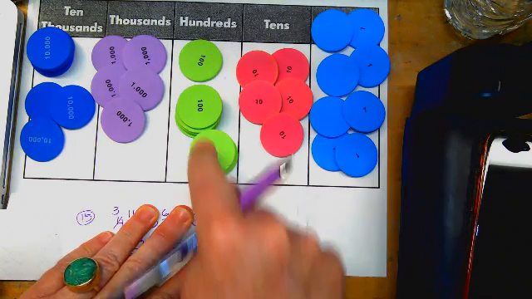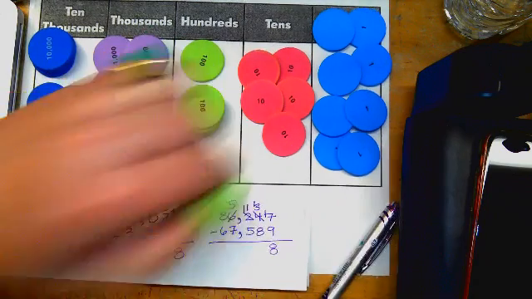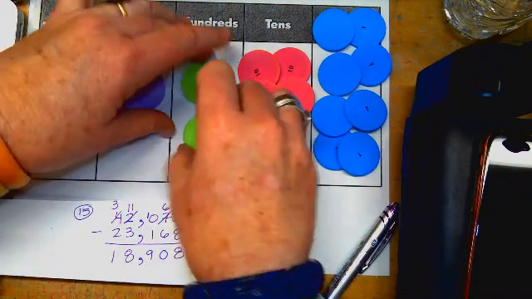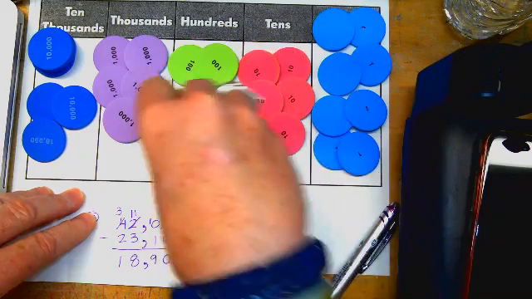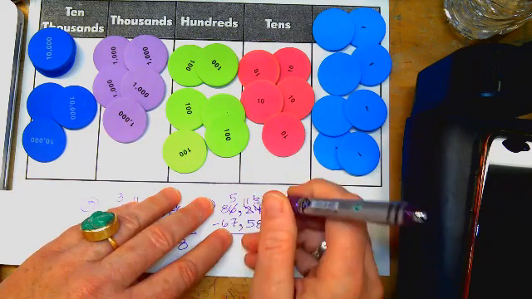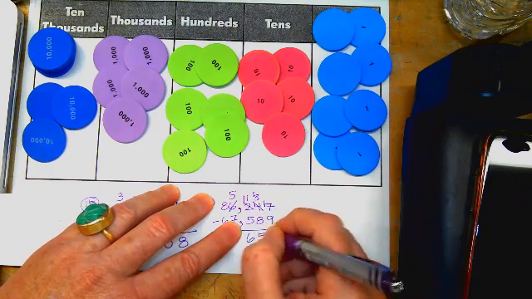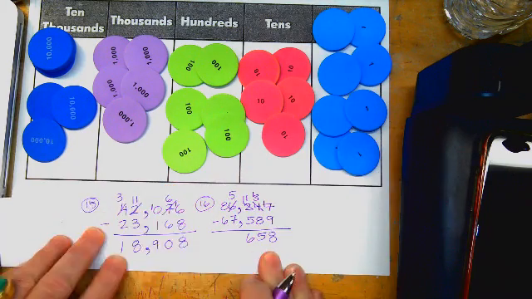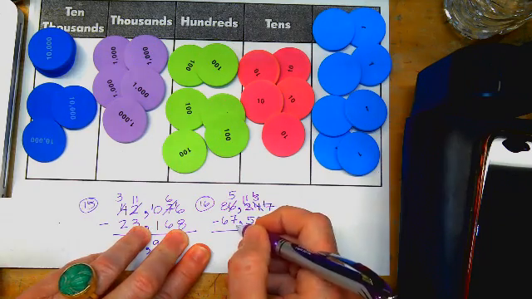I had 6, now I have 5. Now I have a whole bunch. Now I have 11: 5, 10, 11. I'm going to take 5 away, and now I have 1, 2, 3, 4, 5, 6. 11 minus 5 is 6. I forgot to do this.